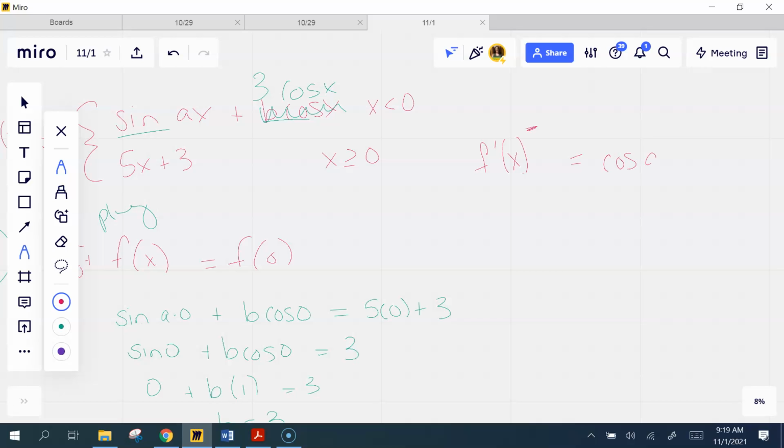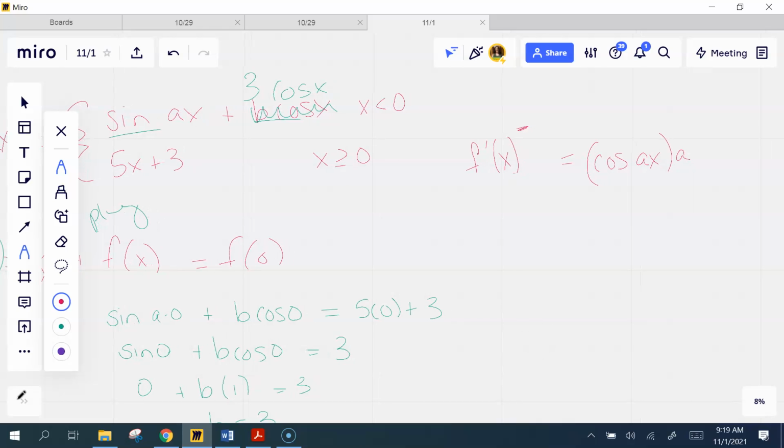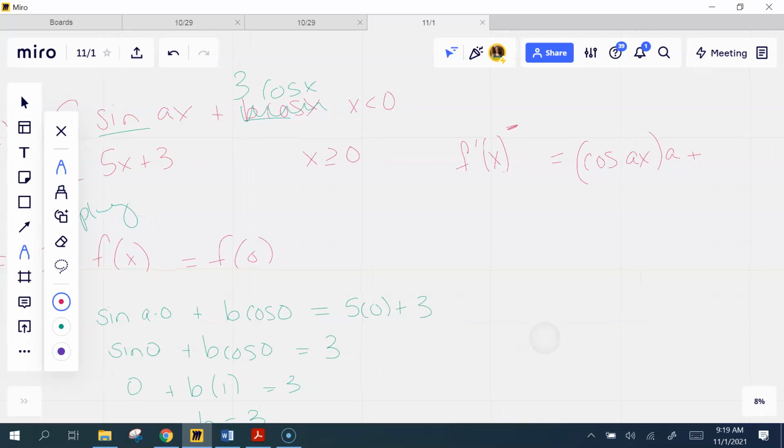Cosine ax times a. There's an a inside the sine, so we just do the chain rule.